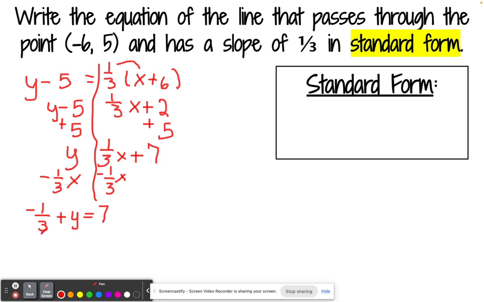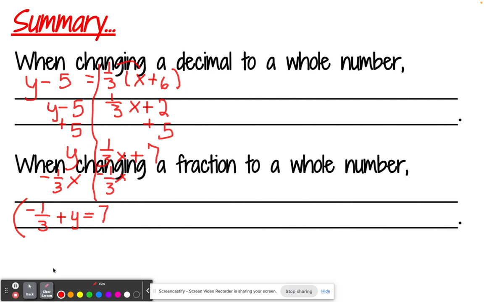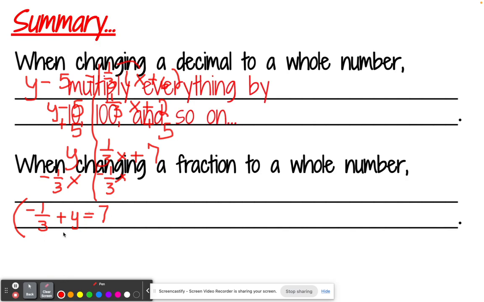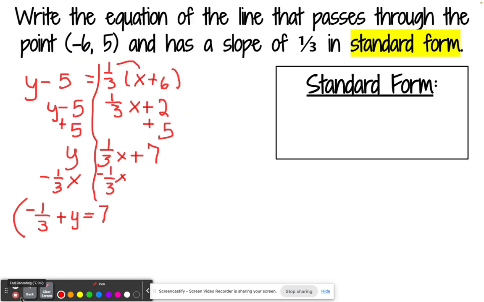So let's get rid of this by multiplying by 3 and get rid of the negative by multiplying by a negative 3. I don't know what happened there. Multiply by negative 3.